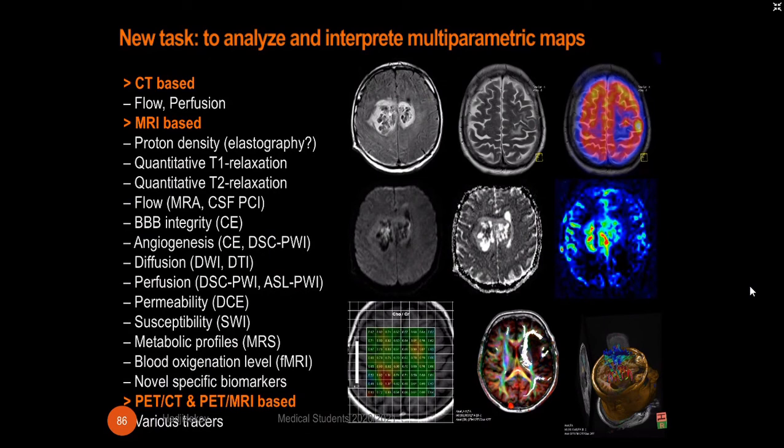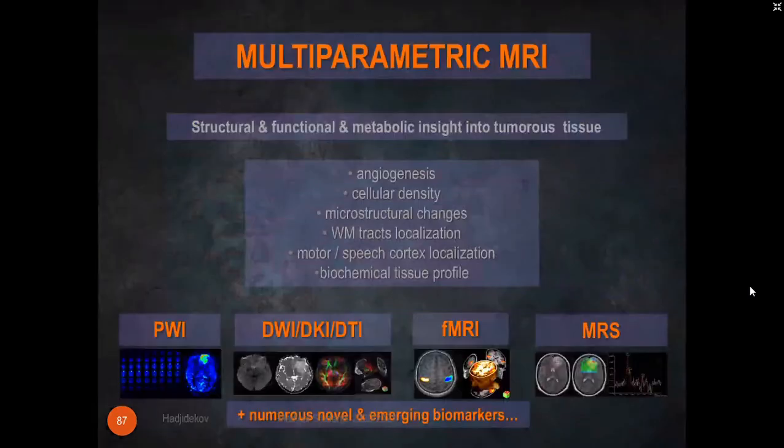What about the metabolic profiles? What about MR spectroscopy or functional MRI? And also there are a few PET CT or PET MRI based tasks that we should respond to. So that's why multiparametric MRI is really very important, because it gives us not only structural but also functional or even metabolic insight into the tumor tissues.